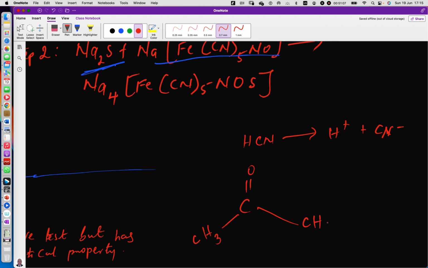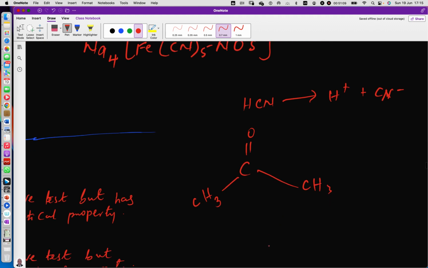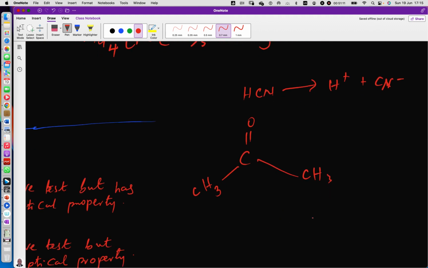This is going to come in as a nucleophile. Nucleophiles are electron pair donors. They are going to donate an electron pair here, so this lone pair is going to be shifted in here.